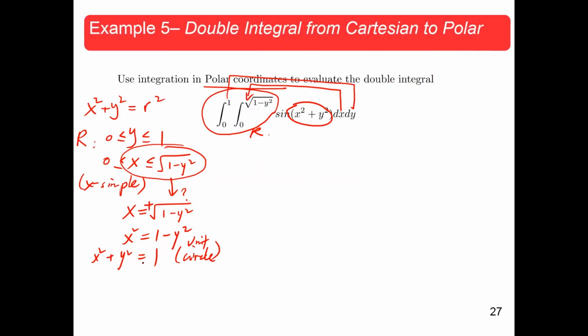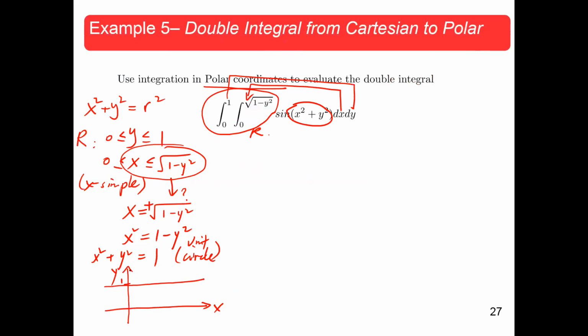Okay, and let's sketch this region to take a closer look. Remember this is still in Cartesian, so x, y. Now my y is between 0 and 1.